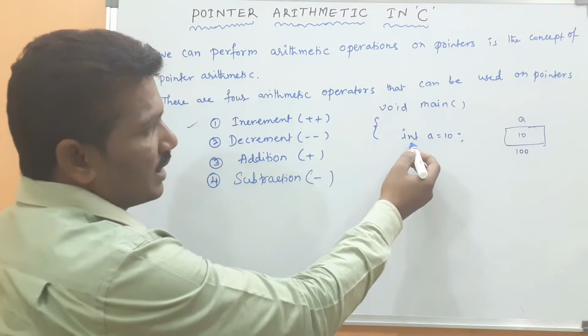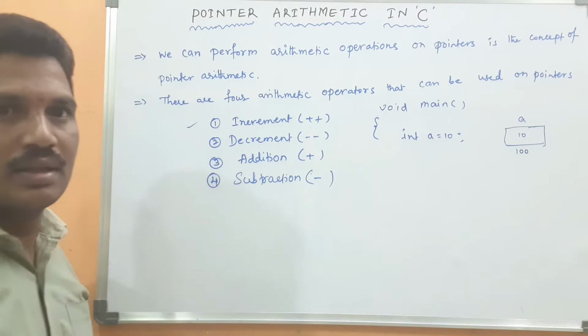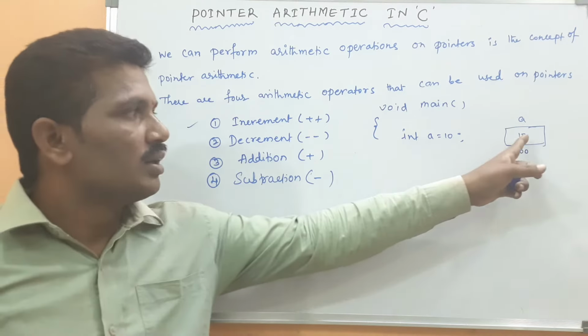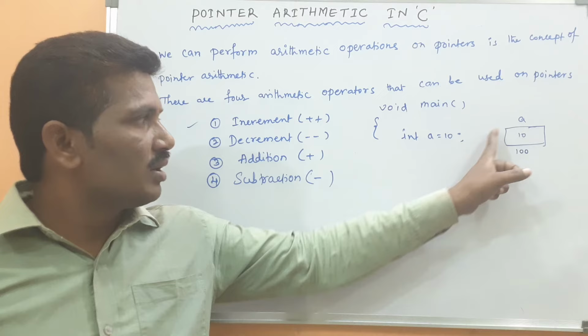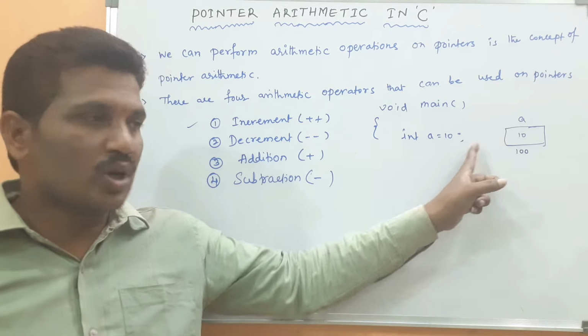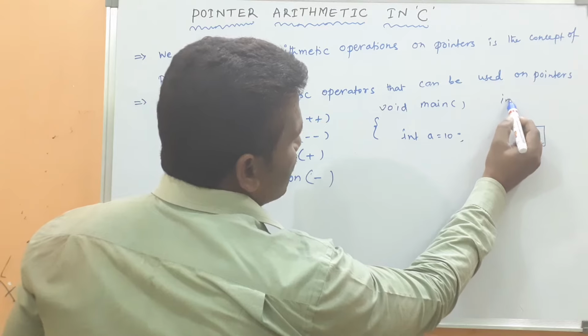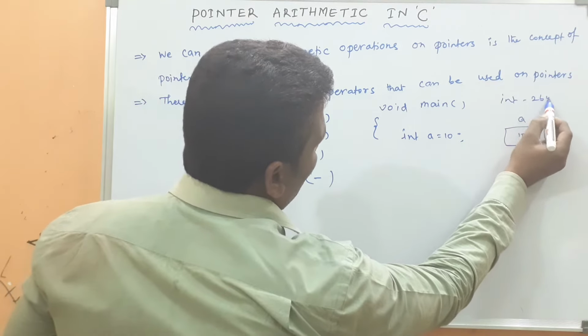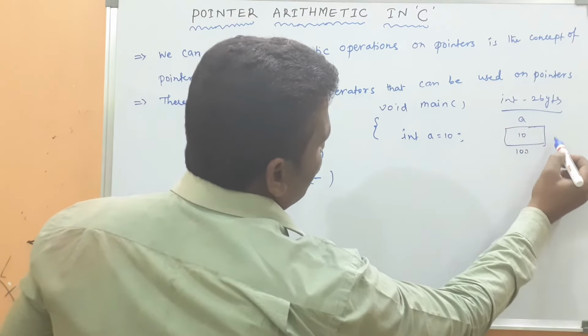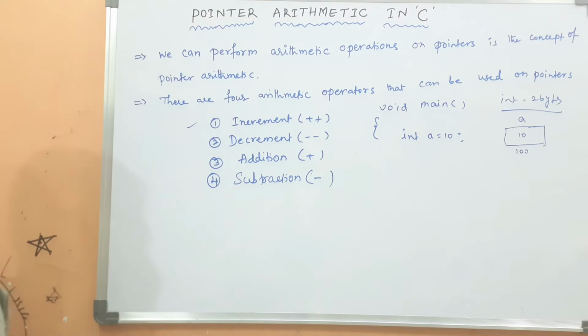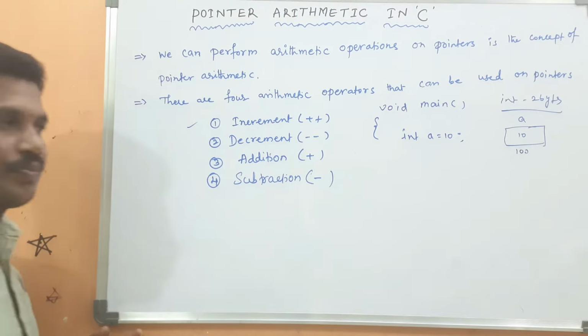Whenever you declare an integer variable, it reserves space in memory as per the data type. Int is 2 bytes, so 2 bytes of memory will be reserved in memory.